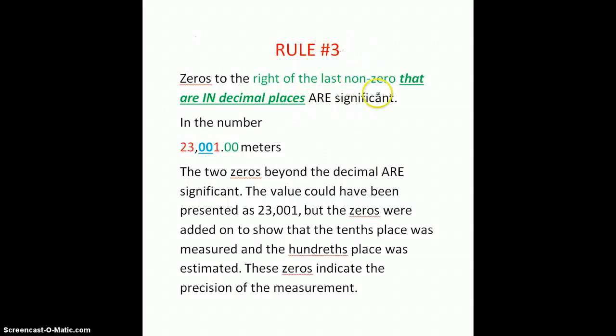The third rule governs any zeros that are to the right of the last non-zero and that are in the decimal places. So if this is 23,001 and we have a decimal and there are 2 more zeros added, since these are to the right of the last non-zero, 1, and in the decimal place, that's key, then they are considered significant.